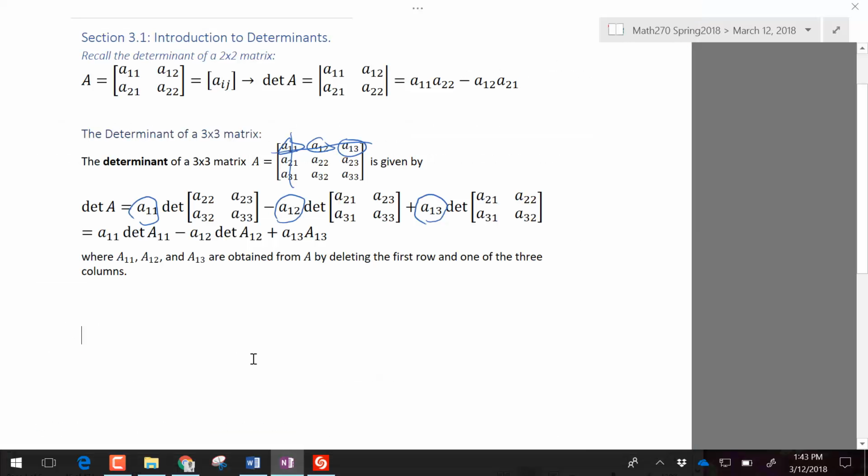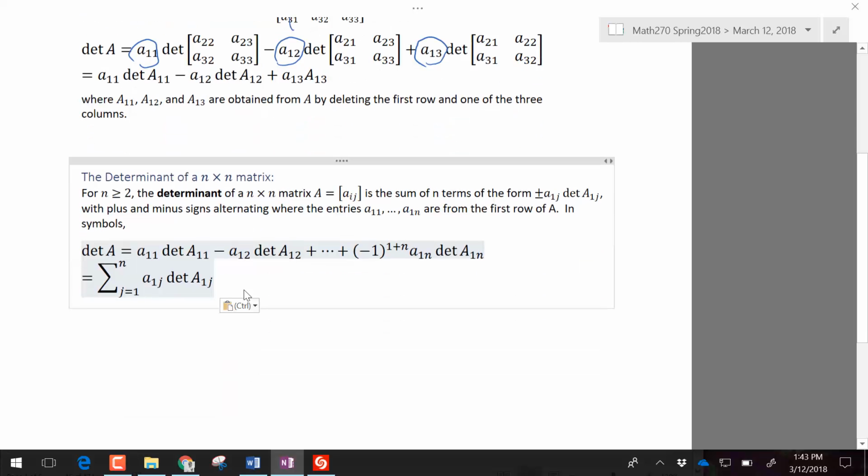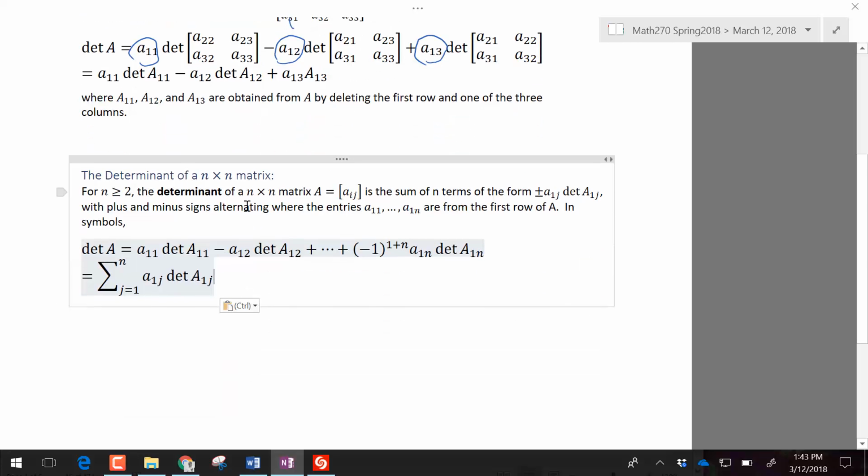So let's generalize. For a general n by n matrix, the determinant is going to be given by, again, here they're still expanding on the first row. Realistically, another theorem will say that you can expand on any row or any column.